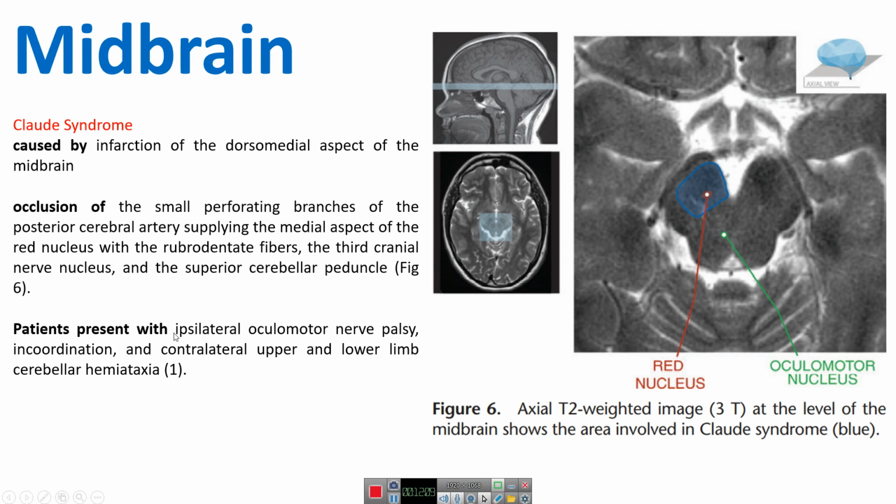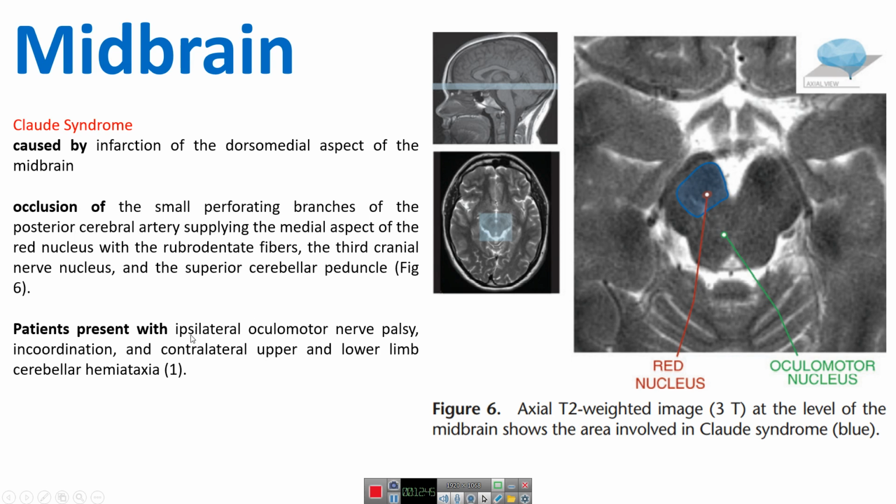In this case, the patient will present with ipsilateral oculomotor nerve palsy and contralateral upper and lower limb cerebellar hemiataxia. This can also be named crossed, to the opposite side. So this part is due to affection of the dorsomedial aspect of the midbrain, which is supplied by the small perforating branches of the posterior cerebral artery.